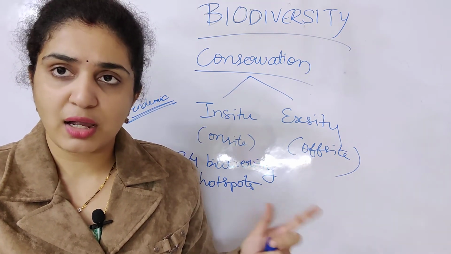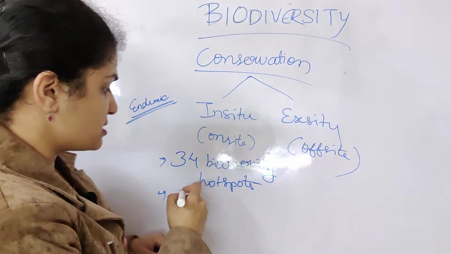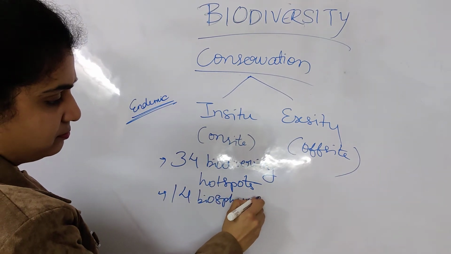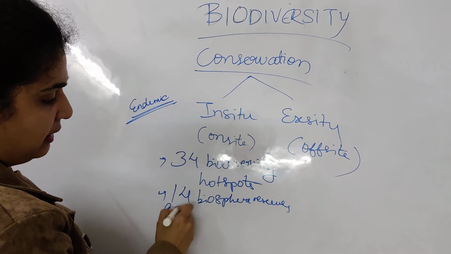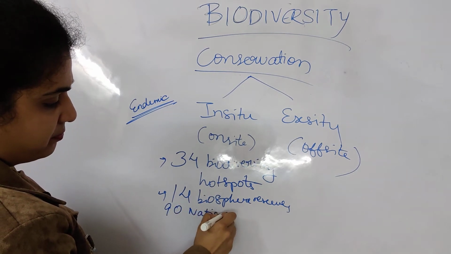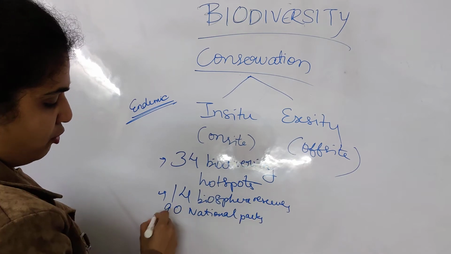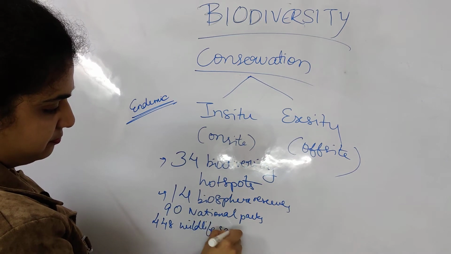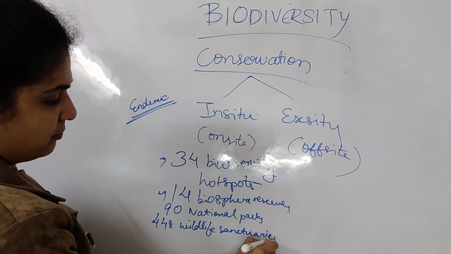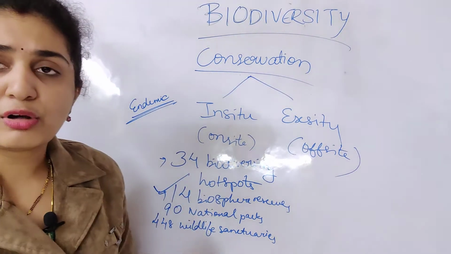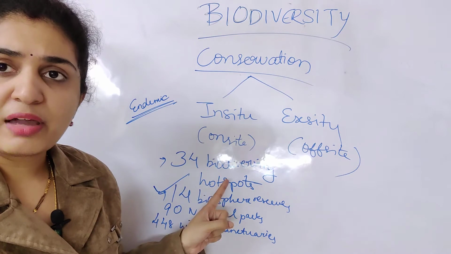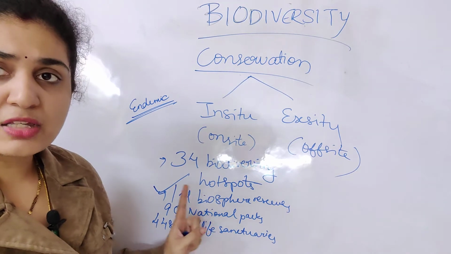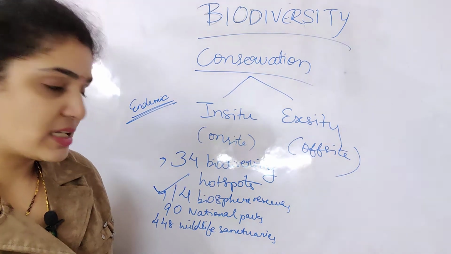Under in situ conservation again, there are 14 biosphere reserves, 90 national parks, and 448 wildlife sanctuaries. I want you all to remember the numbers here: 34 biodiversity hotspots, 14 biosphere reserves, 90 national parks, 448 wildlife sanctuaries.